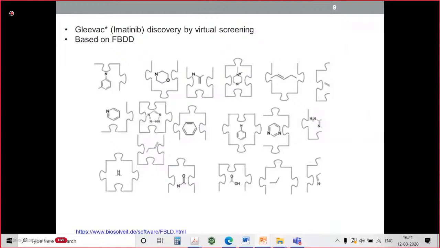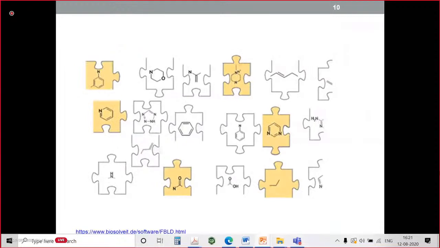Later, those fragments are optimized at the binding site. I'll show you how the different fragments are selected. It's similar to a puzzle, how we solve it by simply joining the different pieces. It's based on the same phenomenon.